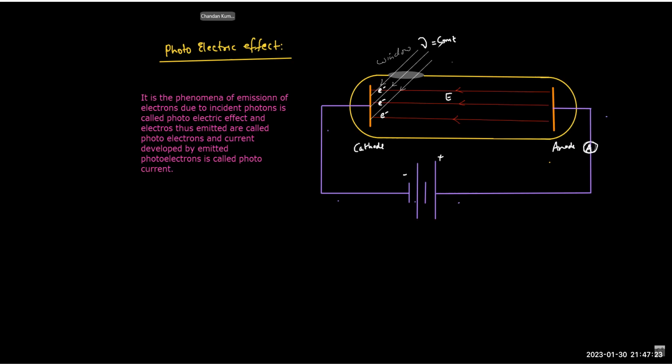So the answer is, if light is a wave, then a wave can be absorbed by the medium, by the surface. And if light is like a wave, then the surface of the cathode keeps on absorbing the energy, and once the energy exceeds some value, it should have started ejecting electrons. But that is not what was found in the actual experiment, which was the clear indication that light is not like a wave.